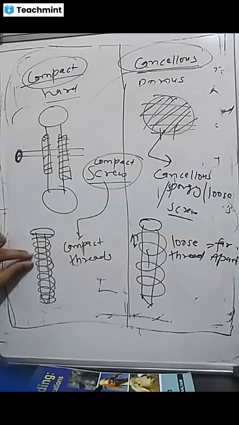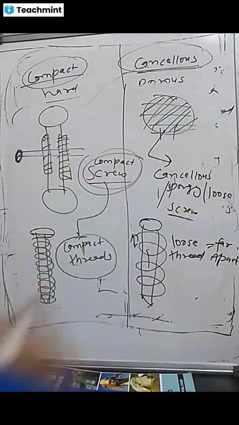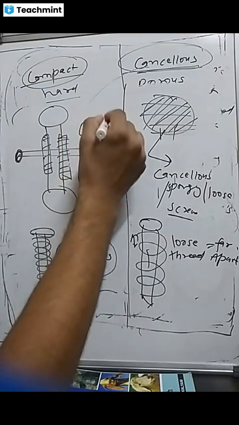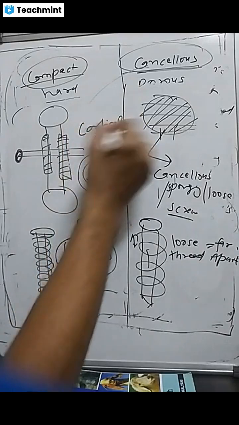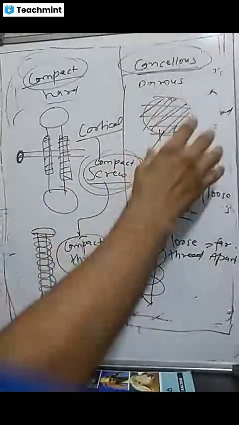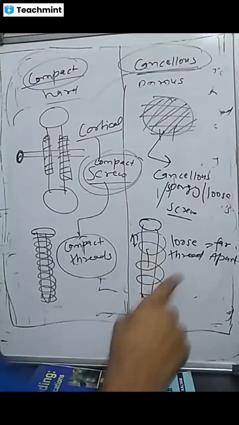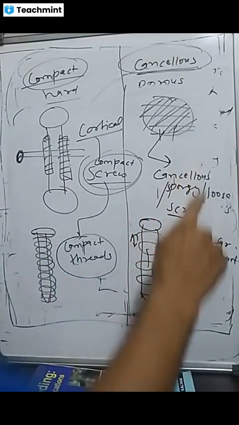See, these threads are very near, very compact. So we use it in compact bone. Which is compact? Obviously cortical. And which bone is cancellous? The bone is cancellous, spongy. We use a loose screw, called cancellous screw.